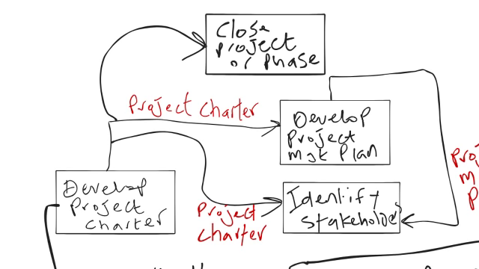See that? Very important relationship to remember. Now, why do we have the project charter going there? Because it tells us if our project indeed has been a success or not. It's one of these key inputs to closing out the project.